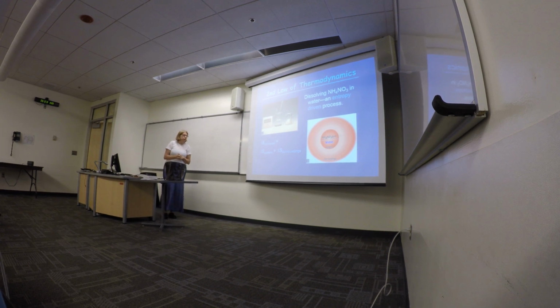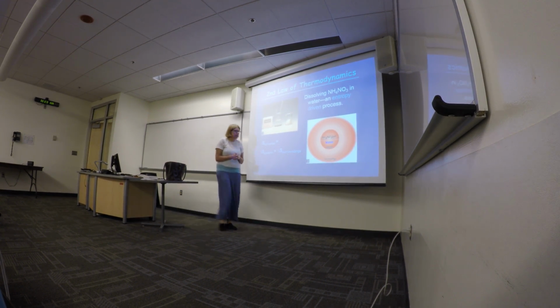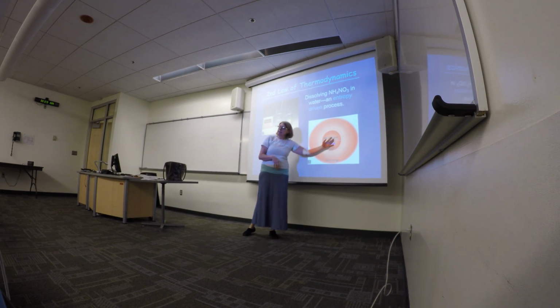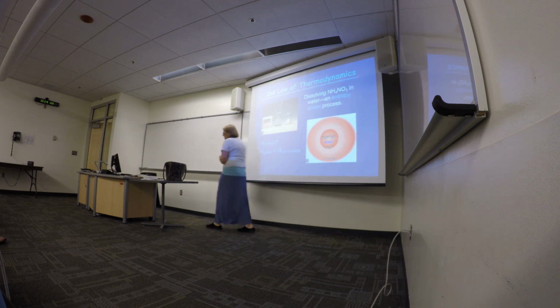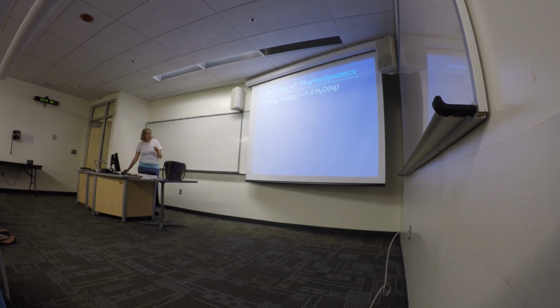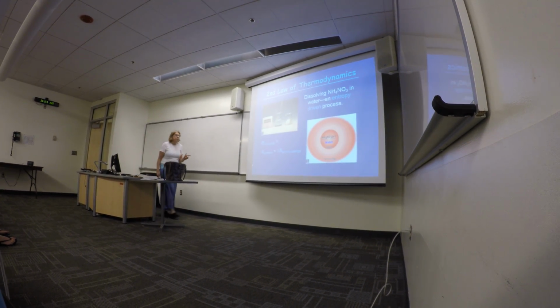The change in entropy of the universe is the change in entropy of the system plus the change in entropy of the surroundings. So what's happening in the surroundings? The surroundings are sending energy into the system, and so that's a decrease in entropy. But overall, when the ammonium nitrate dissolves, we're getting more particles.